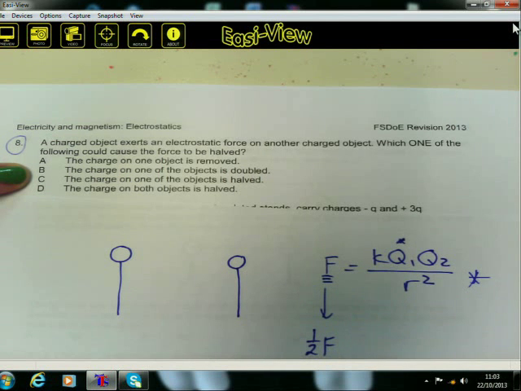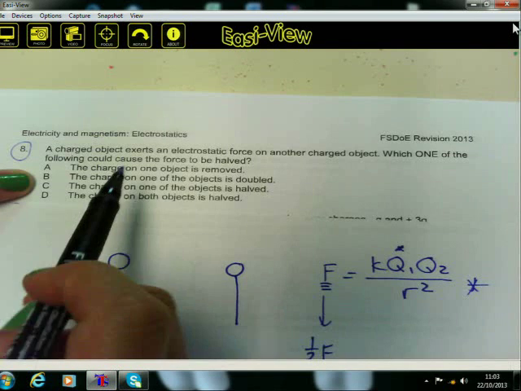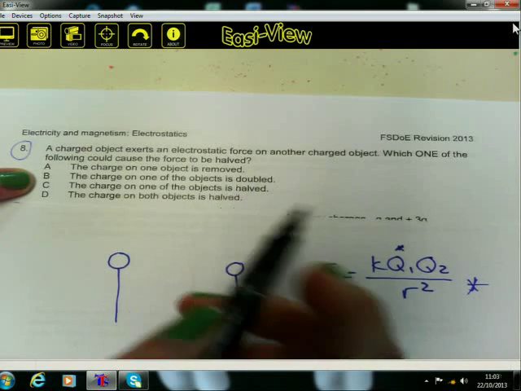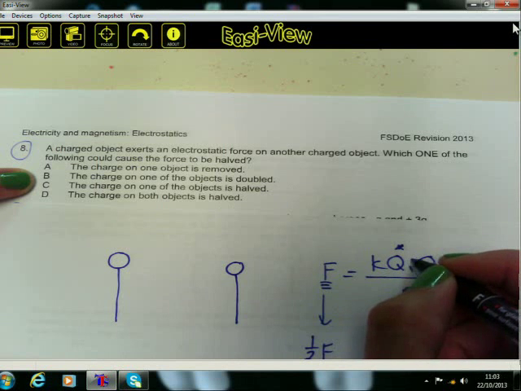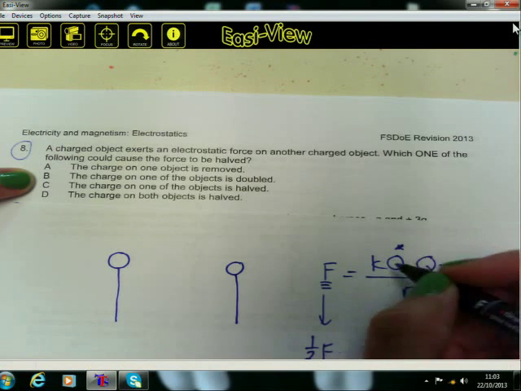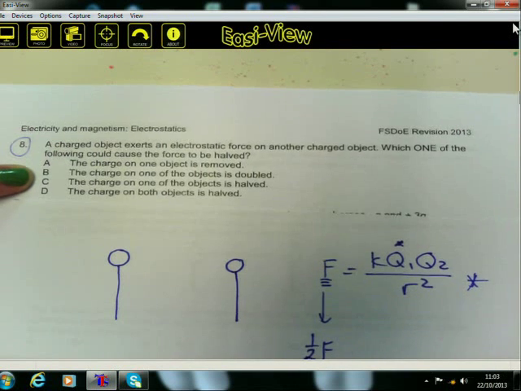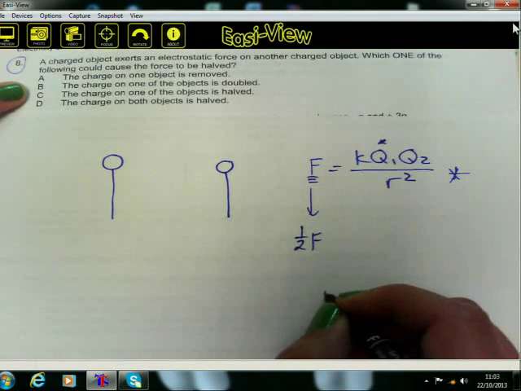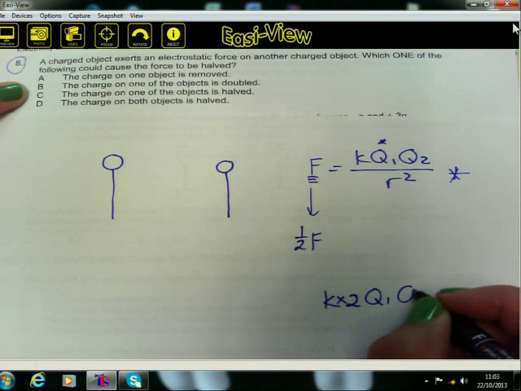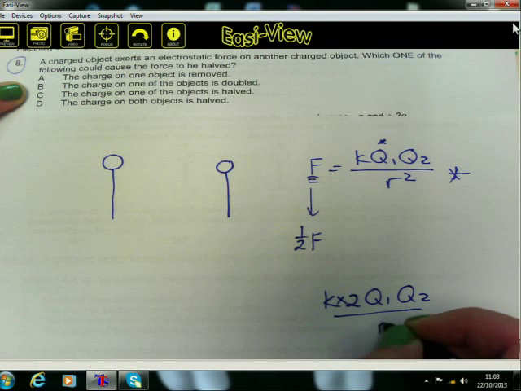So what happens when we do number B? The charge on one of the objects is doubled. So let's take the one object and double the charge. We put a 2 in front of it. Then we get F equals K times 2Q1 Q2 over R squared.